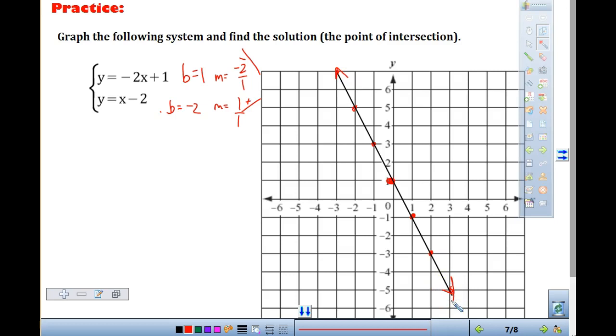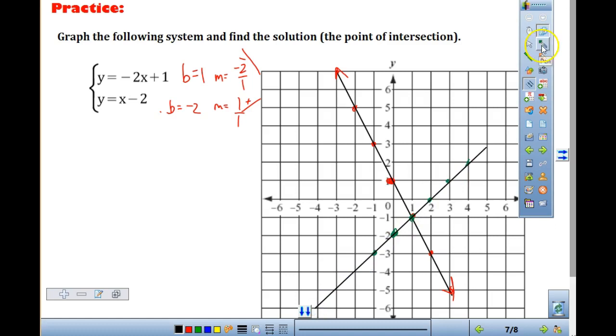Then we're going to go to our next equation, and our second equation in this case was starting at a beginning of -2, and the slope was +1. And right away we get that point of intersection. So that's pretty nice if we can get that point of intersection right away.